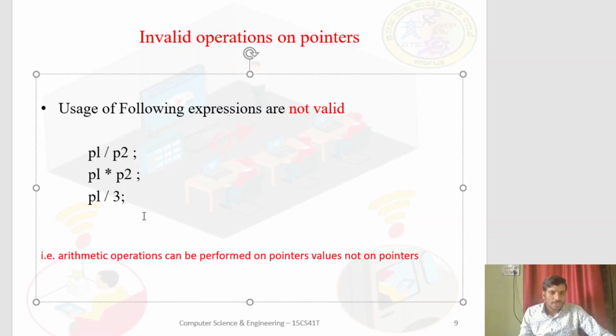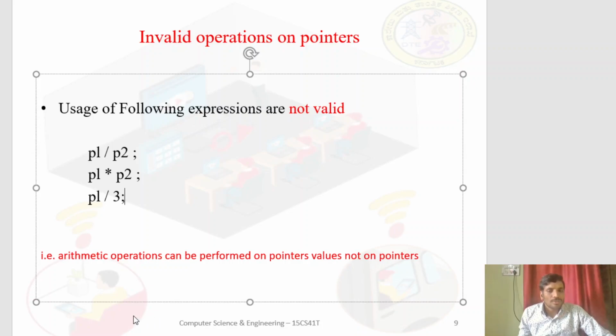So you can see the difference. We can apply the arithmetic operations on pointer values, not on pointers. Keep in mind, I repeat it: pointer arithmetic operations can be performed on pointer values and not on pointers.